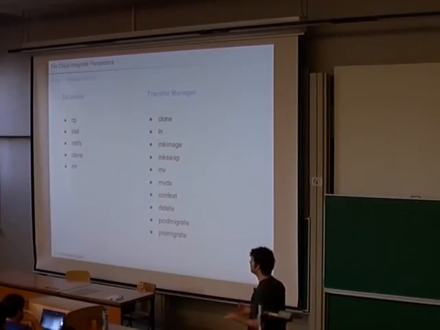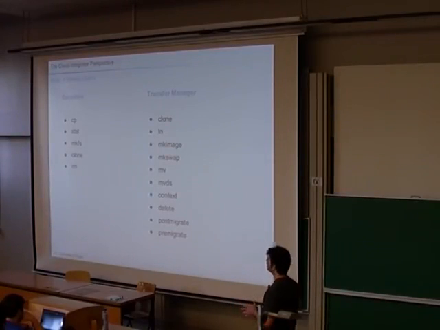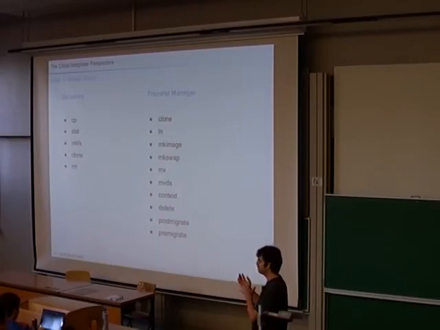CP is for registering, copying. Stat will return the size, and mkfs will create a new empty one, clone, remove, and those things. And the transfer manager will take care of moving the images from the object store to the virtual machine directory, which will be used by the hypervisor.